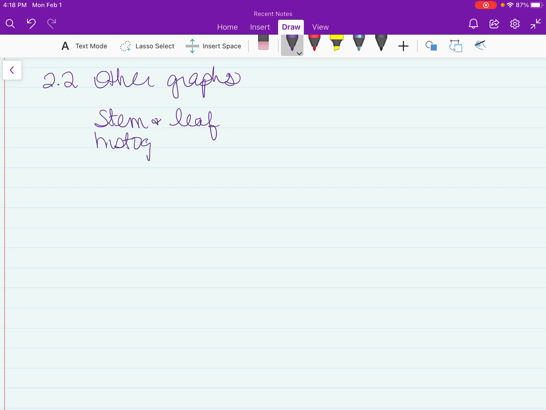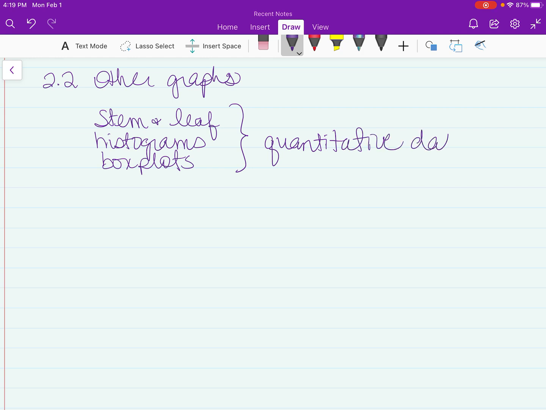We've already talked about histograms, and we'll also eventually talk about box plots. These are all graphs for quantitative data.